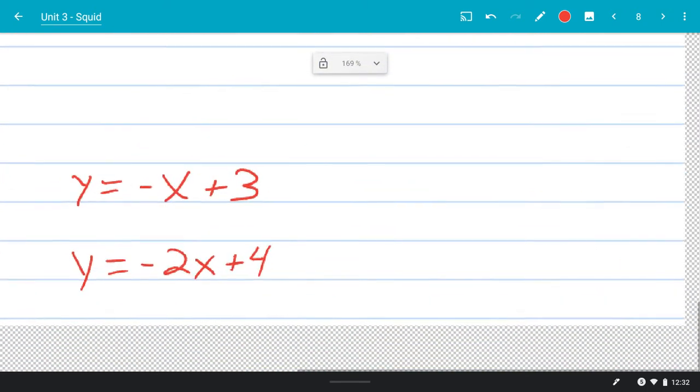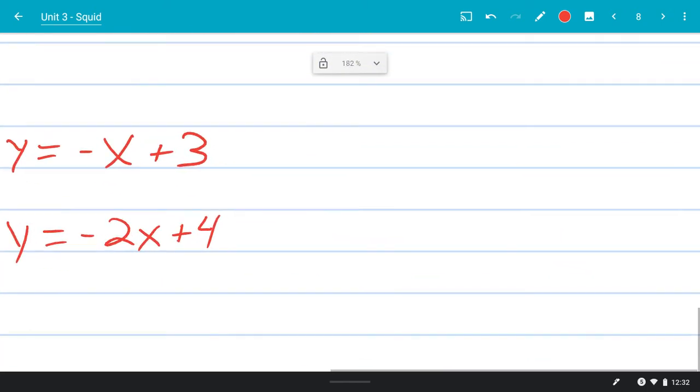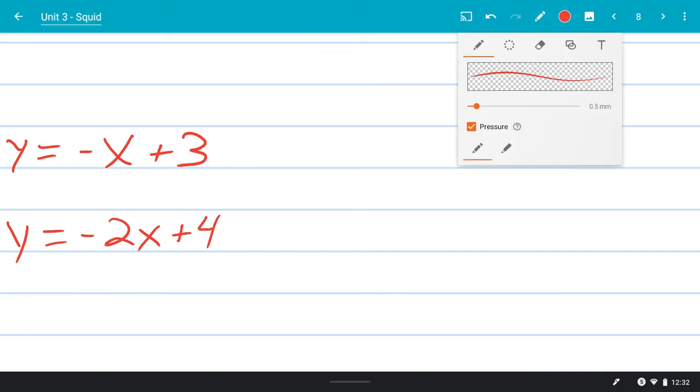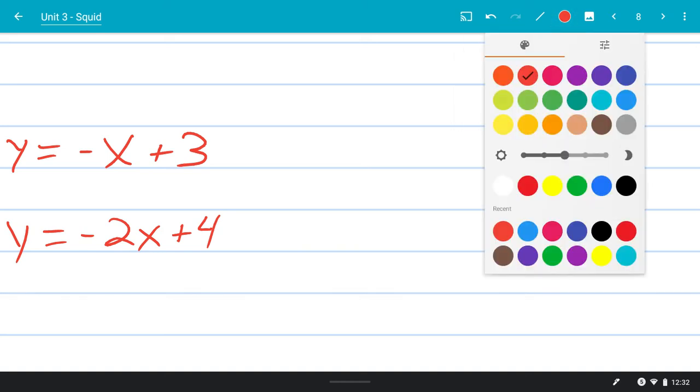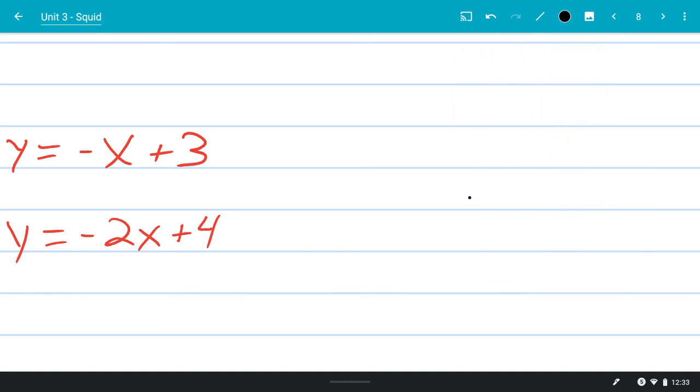Now let me graph them. I'll try to be somewhat accurate, but it is still going to be what I consider a rude graph. Rude not because it's going to be mean to you, but because it's not exact on my points.